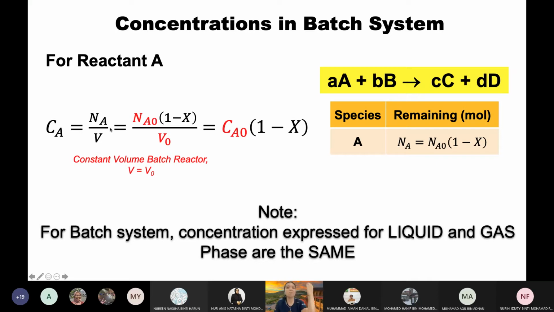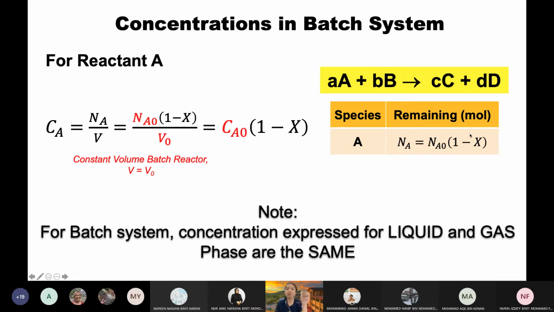Concentration is mole per volume. For example, the unit is mole per dm cubed. The dimension is mole per volume. That's why I say sometimes from the unit you can already guess the formula. Like concentration, you know the unit must be mole per liter, mole per dm cubed. So converting to dimension form, it is mole per volume. So it becomes the number of moles of A, NA, over the reactor volume. Now, this is why we do the table. Because from the table, we know the remaining for A, NA equals NA0 times (1 minus X).